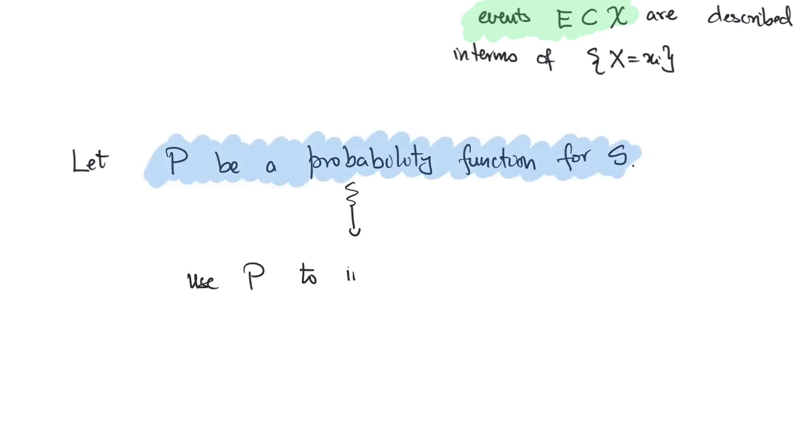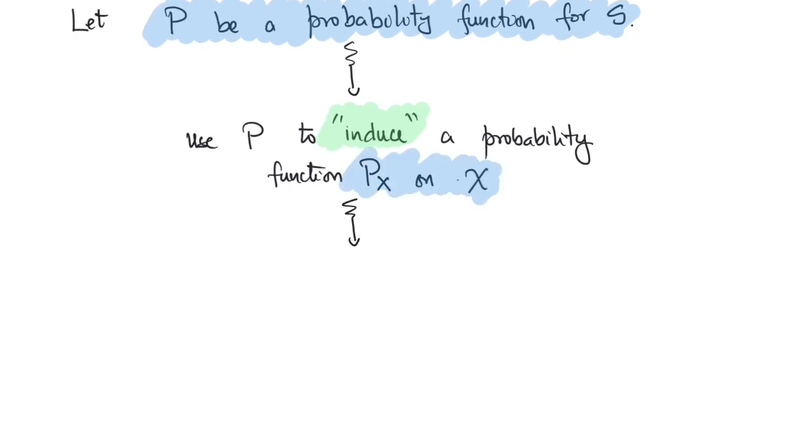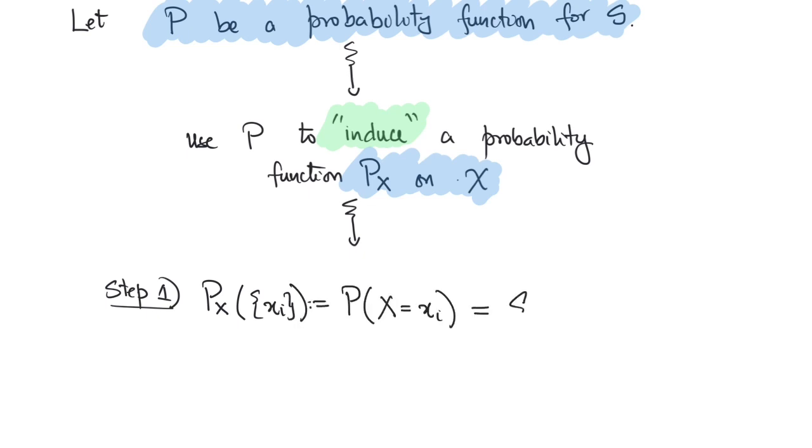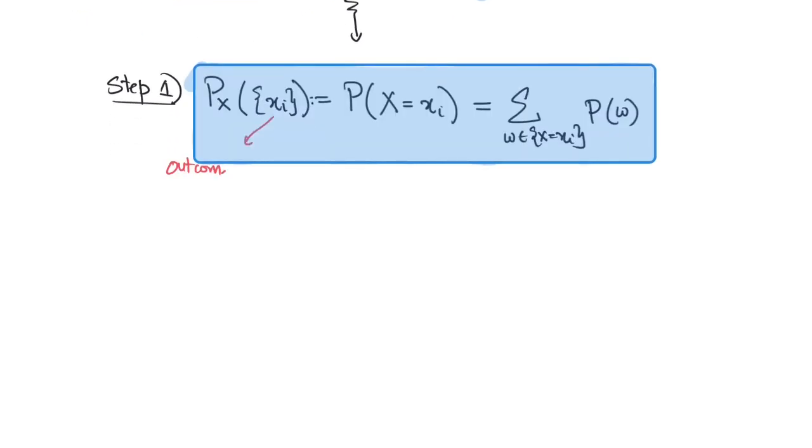Now let P be a probability function for the sample space S. We will now use P to induce a probability function P_X on the sample space script X. The first step in this process is to define P_X on simple outcomes as the sum of the probabilities P of omega for omega inside the outcome X equals x_i.